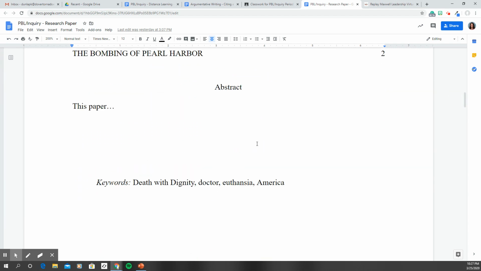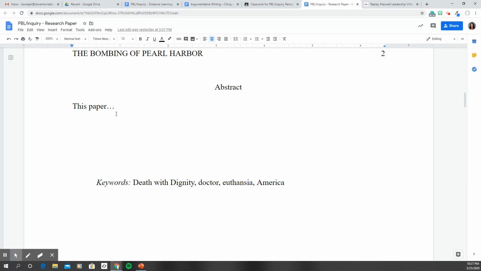We'll talk about an abstract later. This is going to be extra credit, but in every APA paper, there's an abstract. And if you don't know what an abstract is, it is just basically a summary of your paper. And when you read your peer-reviewed research from JSTOR and InfoHio, before you read every article, there's a little abstract summarizing the key points of the article.